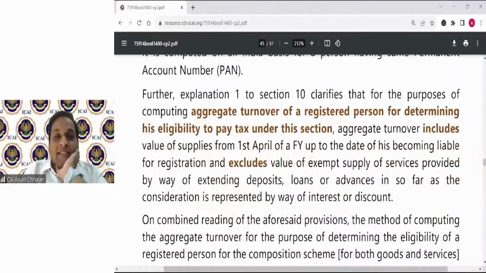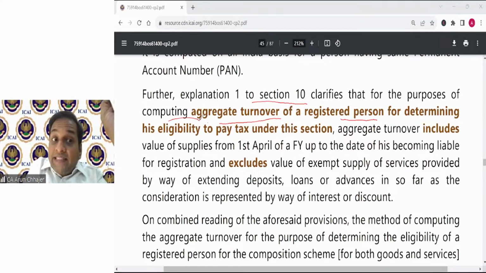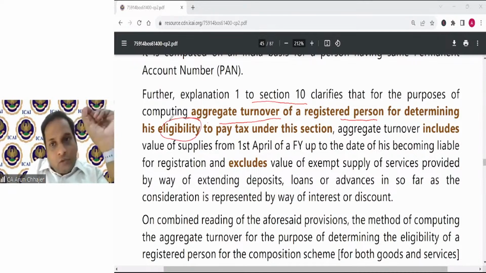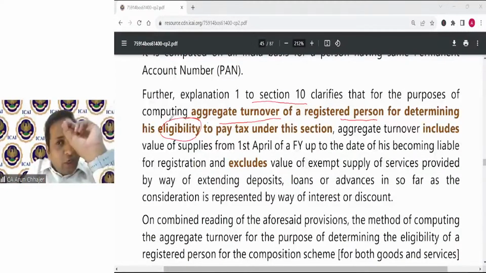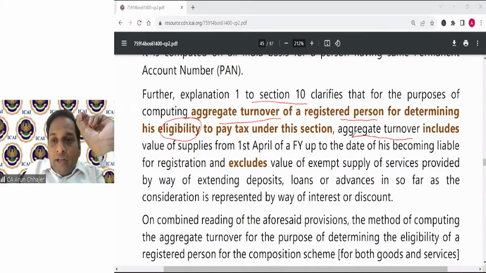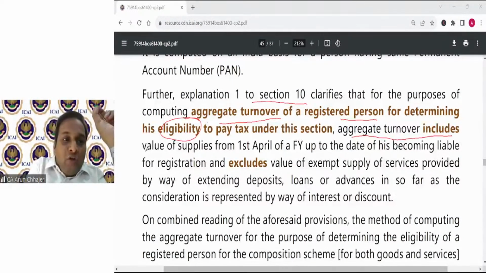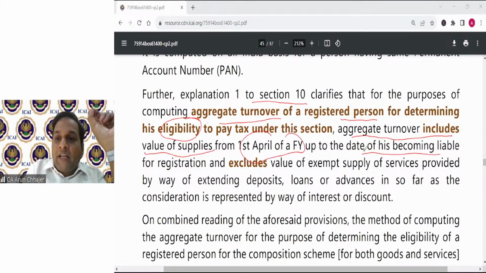Now, see this explanation. Explanation 1 to section 10 clarifies, for the purpose of computing the aggregate turnover of the registered person for determining the eligibility to pay the tax. So, my turnover should not exceed the upper limit. So, can I go for the composition or not? In that case, aggregate turnover includes value of the supplies from 1st April up to the date of becoming liable for registration.